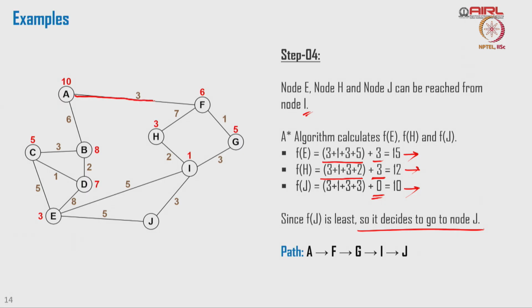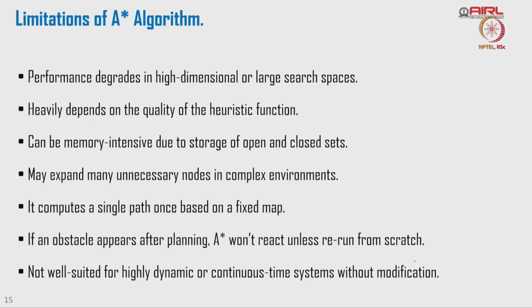It is coming from A to F, then F to G, then G to I, and then directly J, fine. So, in this way the path is optimized in terms of the addition of the actual cost and the estimated cost, and finally it reaches the goal through that path, okay, fine.